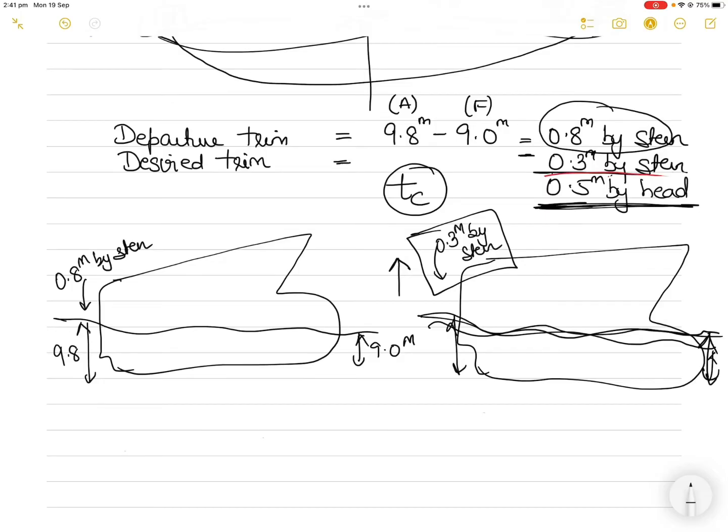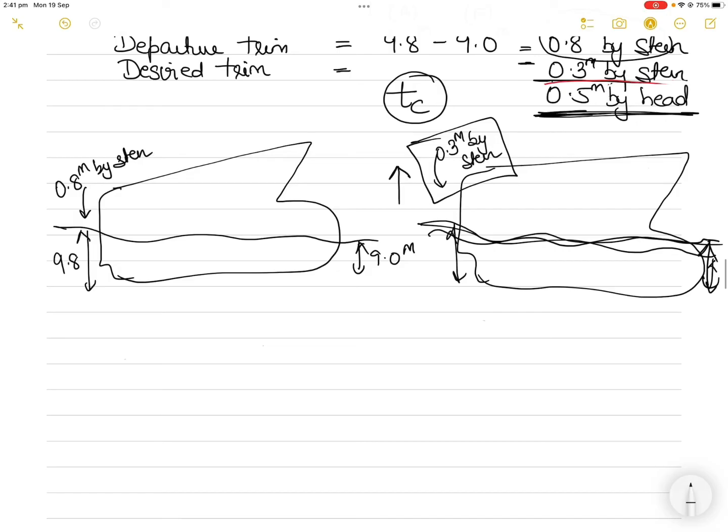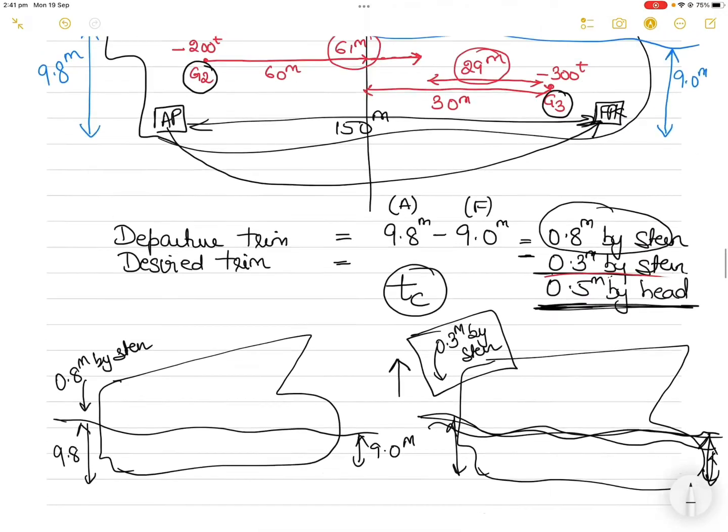That means we need more moments created by loading, shifting or discharging operations by head than by stern, because that is how we would get the desired trim. So let's see what discharging operations and loading operations have been carried out.